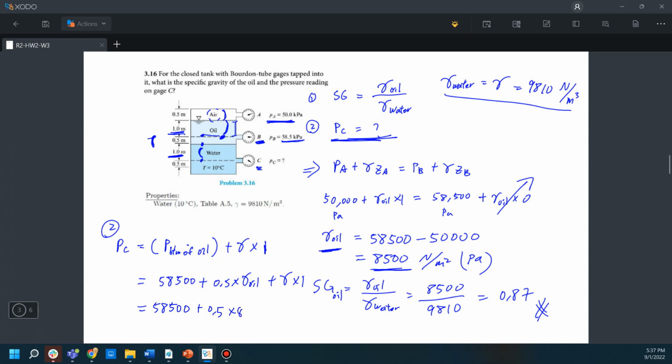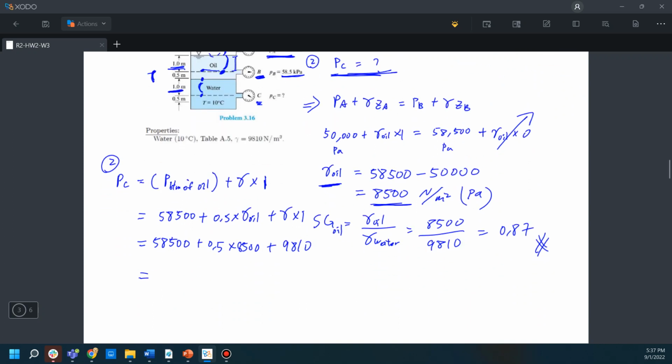Times, plus, no, 9810. Then you will get 72,560 Newton per meter square or Pa.